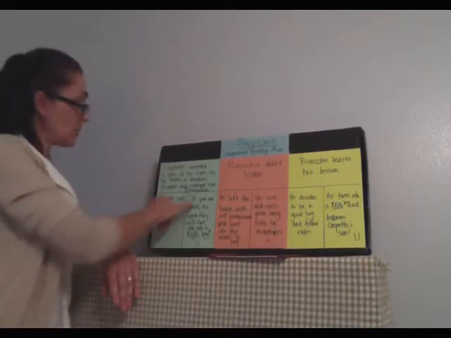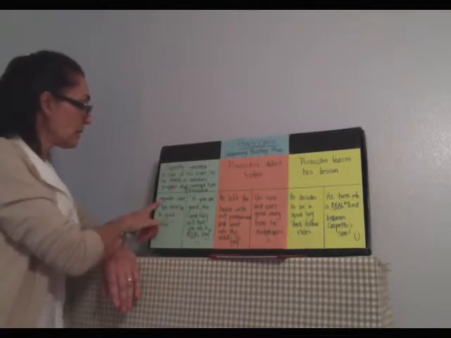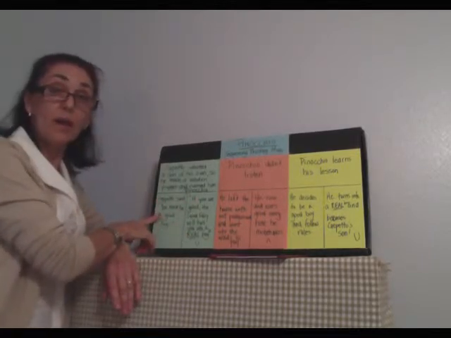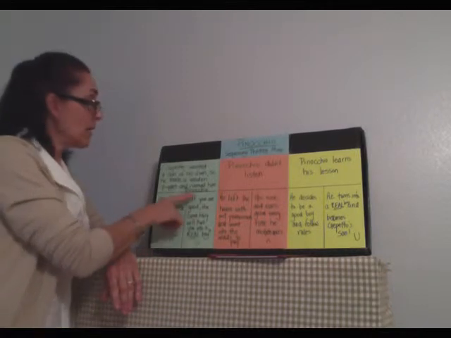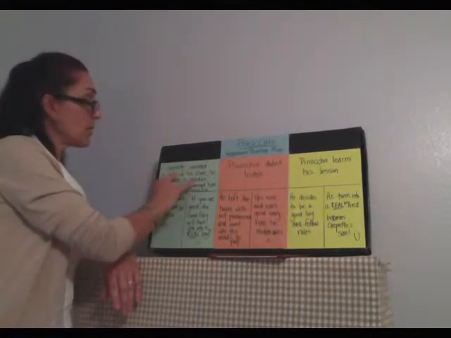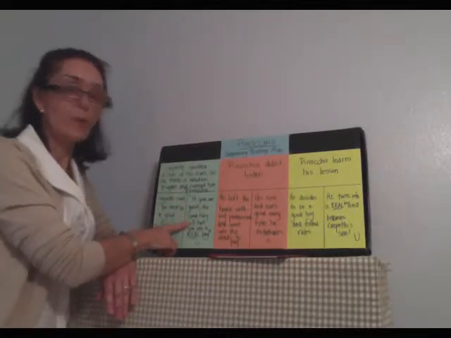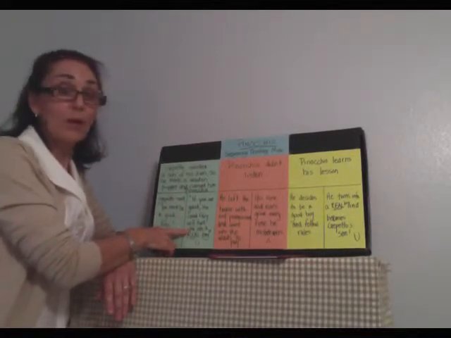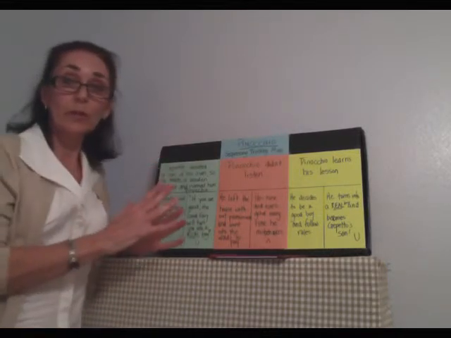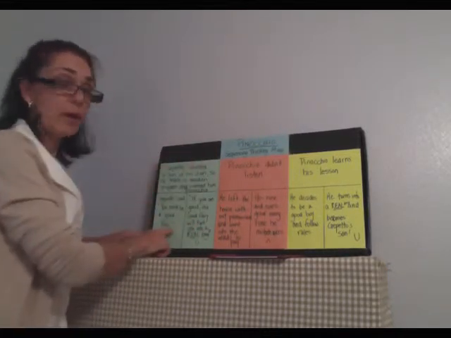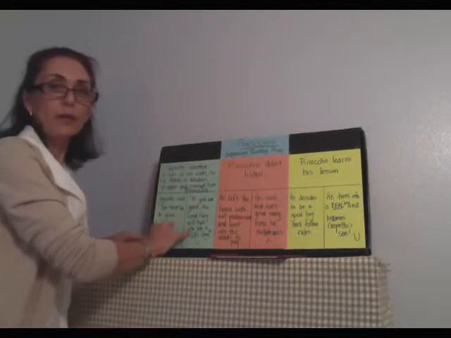And I've added 2 boxes. The first one said, Geppetto says, you must be a good boy. Second thing that was important in the beginning of the story, he says, if you're good, the good fairy will turn you into a real boy. So again, we took 2 or 3 pages of the story, summarized it right here, main idea, 2 supporting details.